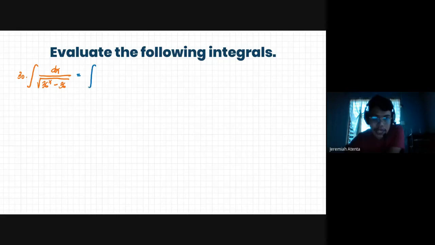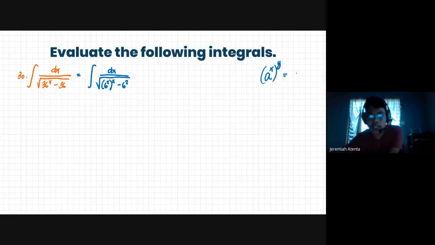So therefore, we can rewrite this as dx over the square root of 6 squared to the power of x minus 6 squared, right? Take note, you can multiply the exponents if you have a to the power of x to the power of y. This is just equal to a raised to the power of xy, right?